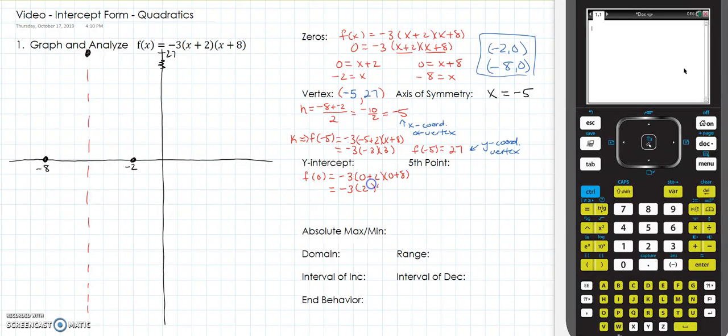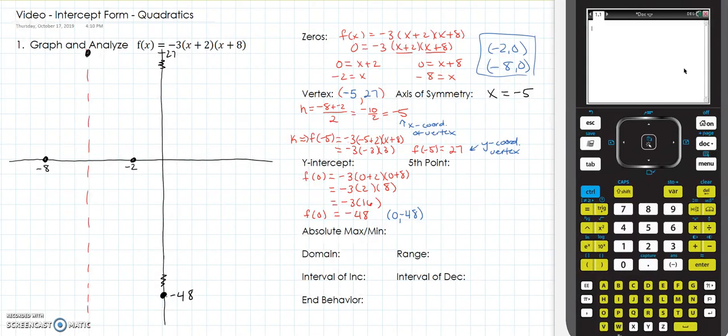So -3 times 2 times 8. So we have -3 times 16, and that's going to be -48. So f of 0 equals -48. That actually makes my y-intercept (0, -48). Let's do a graph break and say that's -48. So there's my y-intercept.